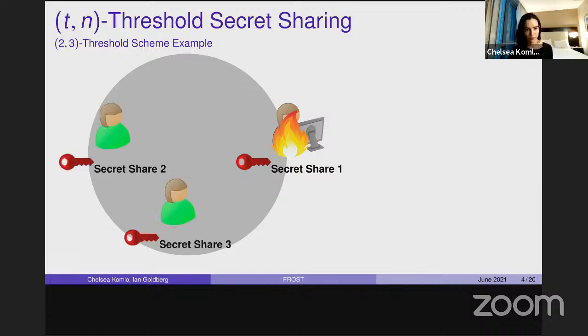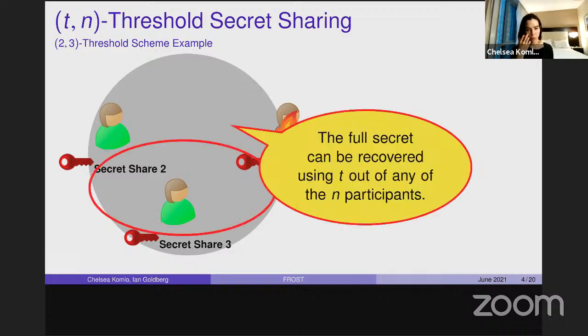However, if you're using a 2 out of 3 scheme, you still have 2 participants, each of which still has their own share. What's important here is that the full secret can be recovered using any T out of the N participants. So even if participant 1 runs away, you can still have 2 in order to recover the secret.